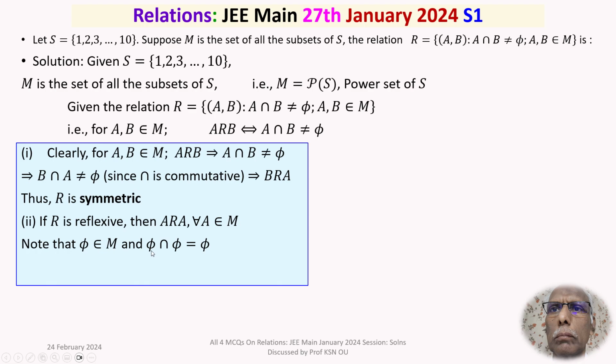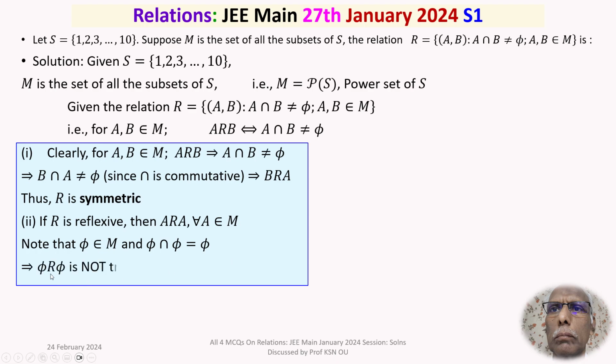And phi intersection phi is phi. Therefore, the relation R is not reflexive. Why? If phi intersection phi were not equal to phi, then they would be related. But because it is equal to phi, phi is not related to itself.